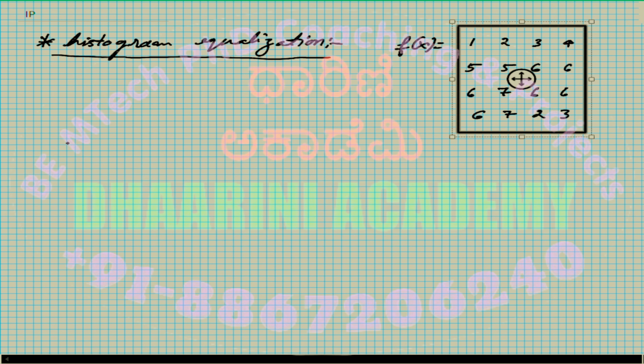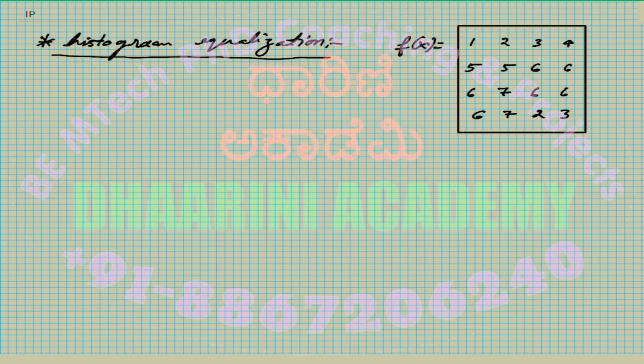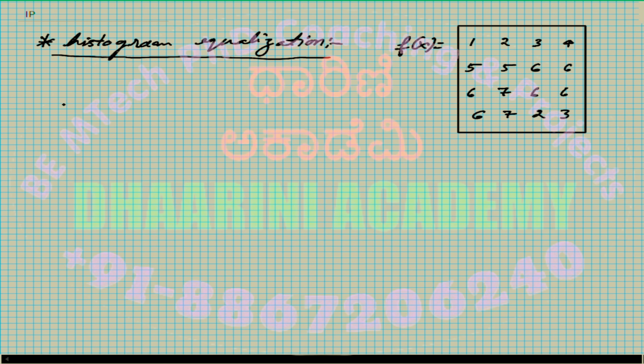Okay, so in order to perform the histogram equalization, first I'll make a table, right? And the first column will be the various levels that are present in this image. Okay, that's the gray level. So levels will be, normally I can see the highest number is 7.